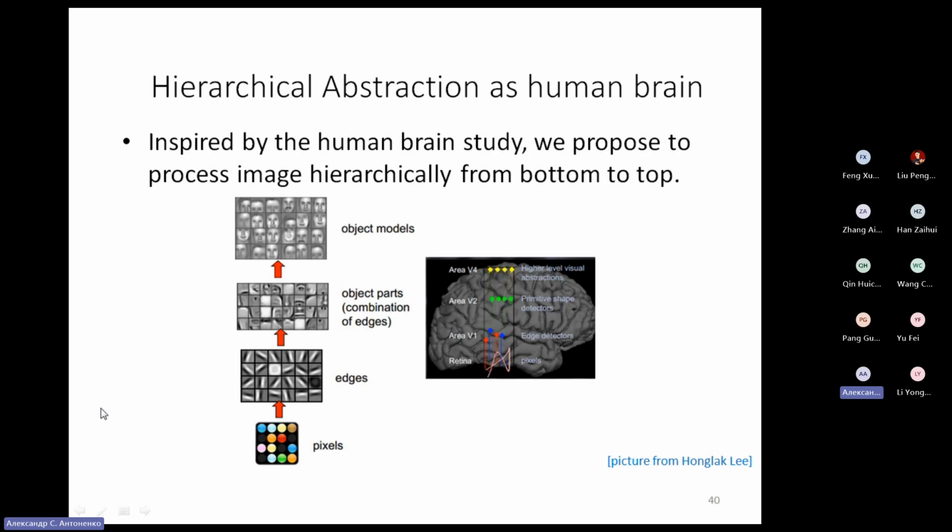It's quite similar to our brain, the human brain. If we study our brain, we have different areas where we detect edges, some primitive shapes, and then higher shapes. At first some edges, then some parts, and then we can recognize, for example, faces.